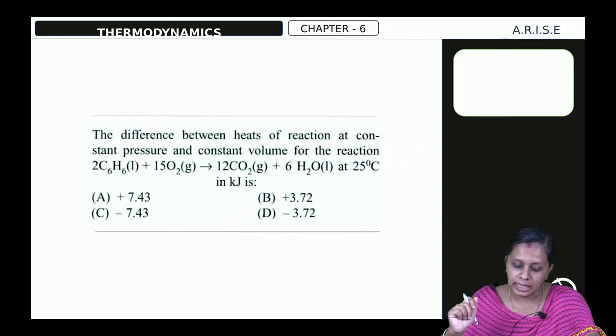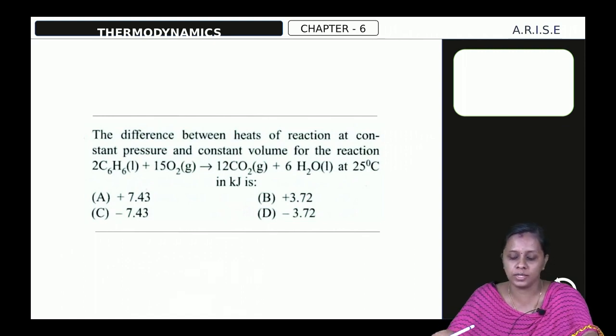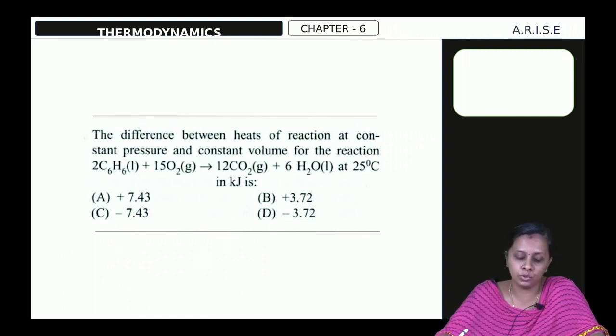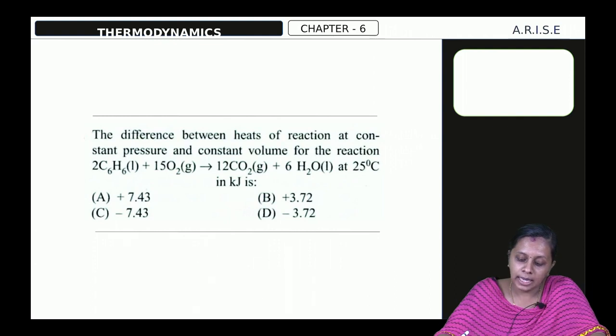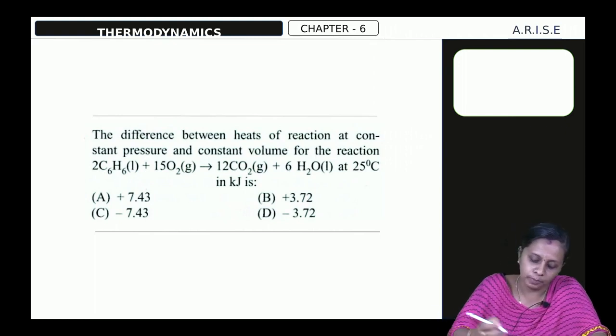The difference between the heats of reaction at constant pressure and constant volume for the reaction 2C6H6 in liquid state plus 15 O2 in gaseous state giving 12 CO2 in gaseous state plus 6 H2O in liquid state at 25 degrees Celsius in kilojoules. We have to get the answer in kilojoules. So let us consider what is heat of reaction at constant pressure and heat of reaction at constant volume.